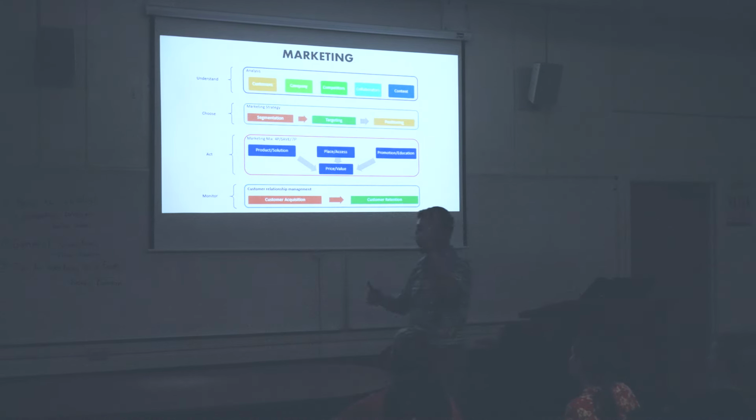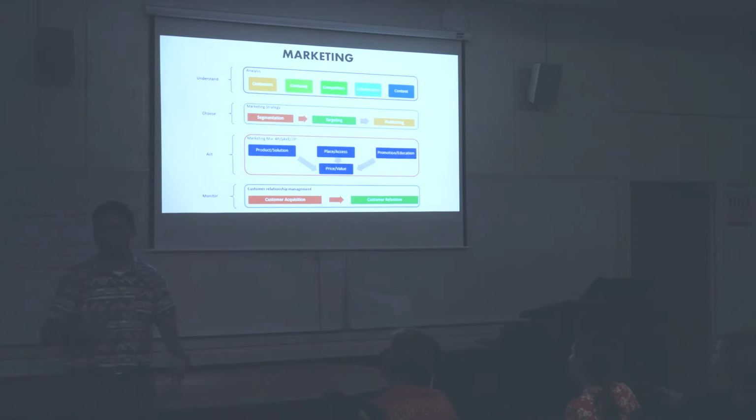So the 5 things you have to understand, okay? First, your customers. And the next thing is your company, internally your company, okay? You have to know your company's information, the product and service, things you offer. Competition, who's your competitor? So you have to know everything.